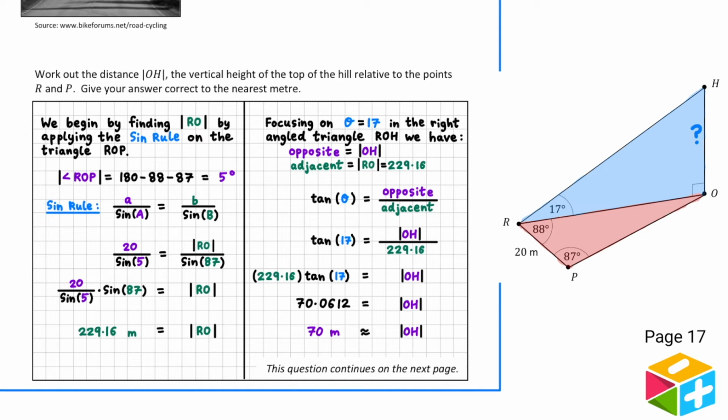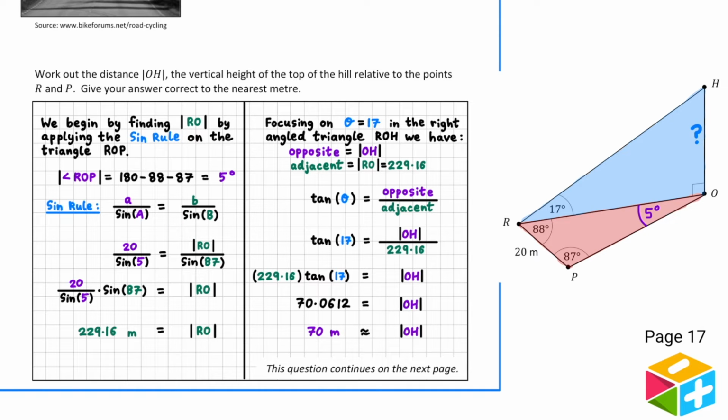Since the angles in a triangle must add to 180, the third angle will be 180 minus 88 minus 87, which is 5. From here, we can find the length of the line RO by using the sine rule. A over sine A is equal to B over sine B.